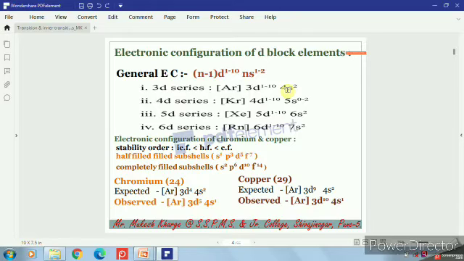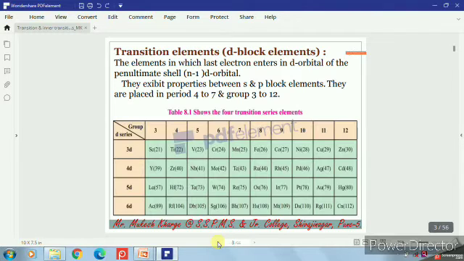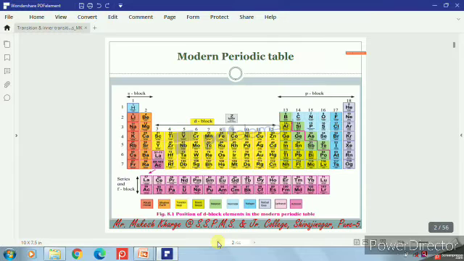We'll see the periodic table again and how the electronic configuration of these elements can be written. See here, scandium is here, atomic number is 21. If you observe the electronic configuration of calcium, it is present in the 4th period and is an s block element, but group number is 2. So calcium is argon 4s2.